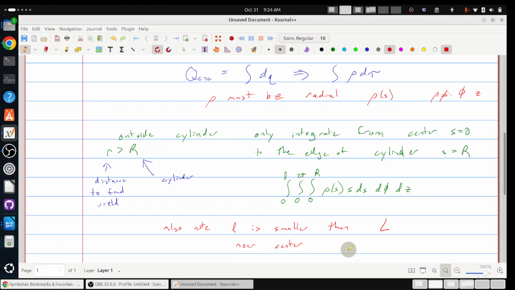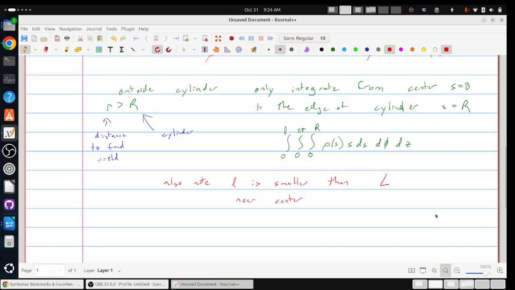And a lot of textbooks will talk about an infinite cylinder just to avoid this, but we've talked about how as long as you're not near the edge, that's all that really matters. Okay? So this equation for the Q enclosed is separable.